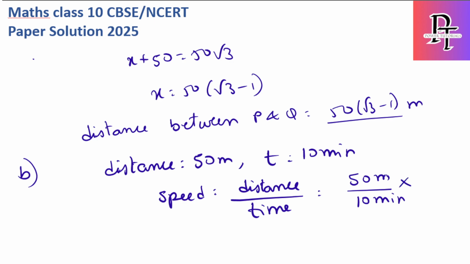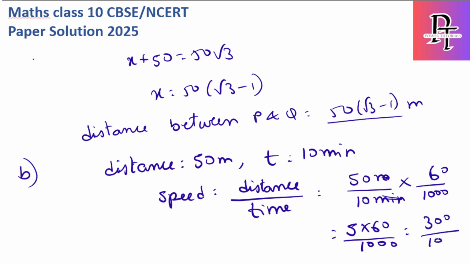Meters will be 1 by 1000 kilometer and minutes will be 1 by 60 hours. So you have to multiply by 60 by 1000. So it is 5 into 60 by 1000, 300 by 1000. So it is 0.3 kilometers per hour. So speed is equal to 0.3 kilometers per hour.